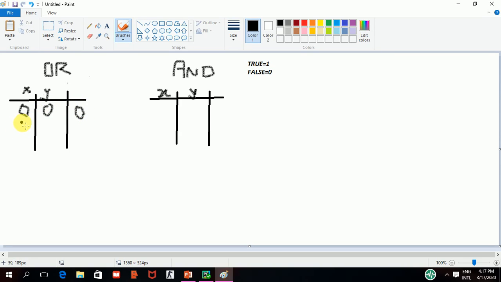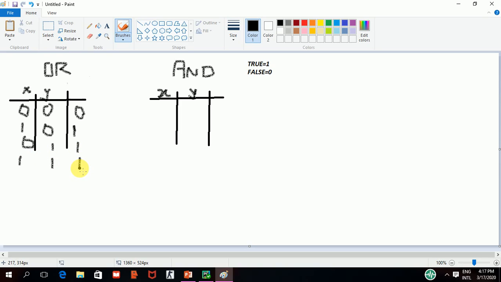Now, if the first condition is true and the second is false, the result in the OR operator will be true, which is 1. If the first condition is false and the second is true, the result will again be true. And in the last case, in which both conditions are true, the result in the OR operator is true.